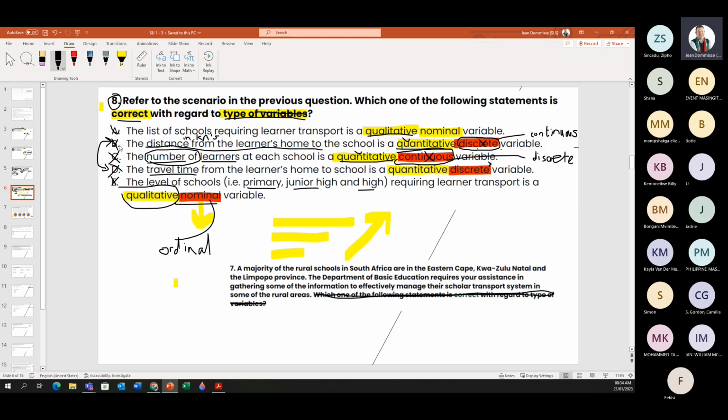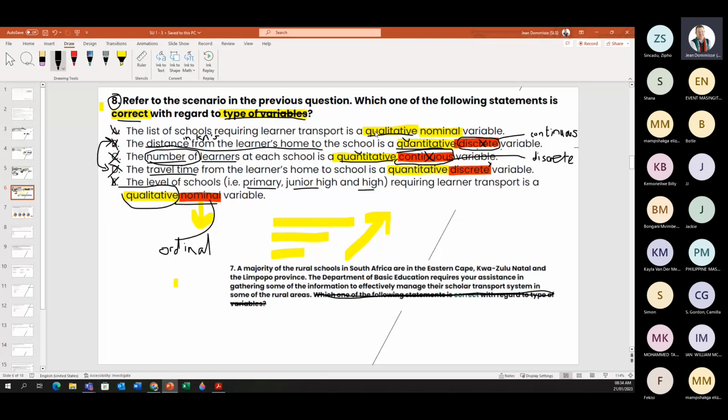Okay, if I said the list of schools requiring learner transport, or a list of schools, primary, junior, high school, then again we add ordinal or order to it. At the moment, that is just basic.